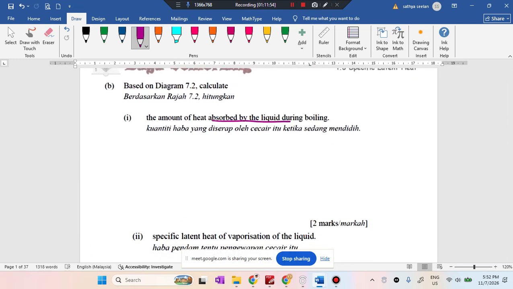What is the amount of heat absorbed by the liquid during boiling? It already says during boiling. So this is Q equal to ml. Confirm. And we can also say Q equal to Pt. But which one do you want to use here?